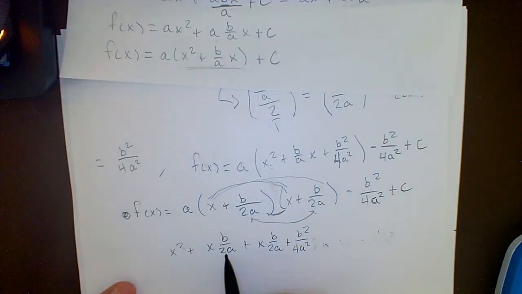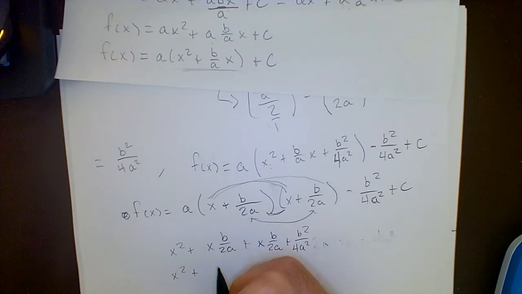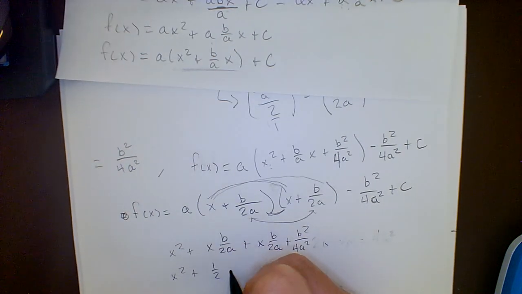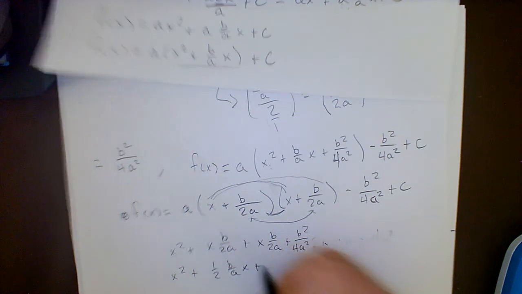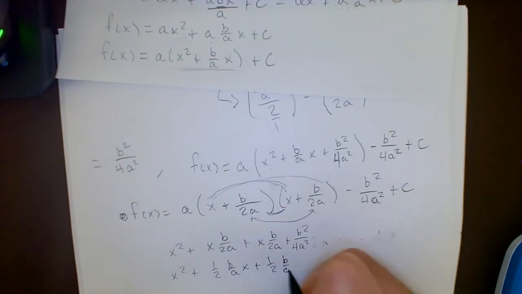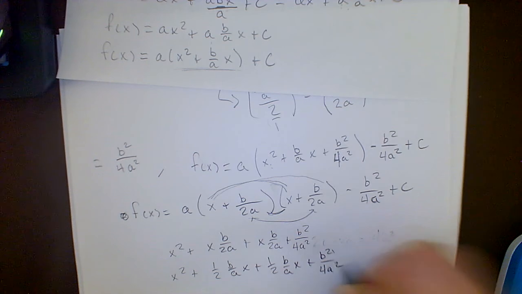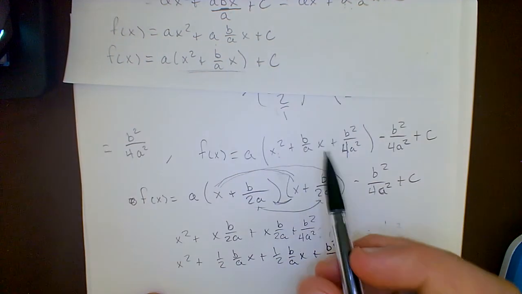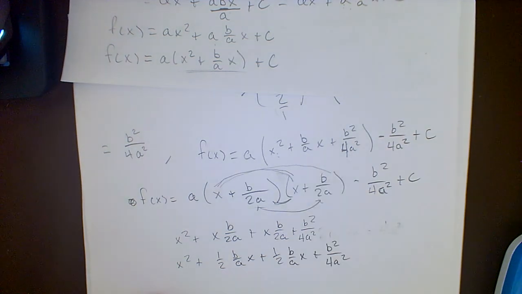Right, so now if I add, I could write this as x squared plus 1/2 b over a x plus 1/2 b over a x plus b squared over 4a squared. And 1/2 of a number plus another half of a number is just 1 of that number.